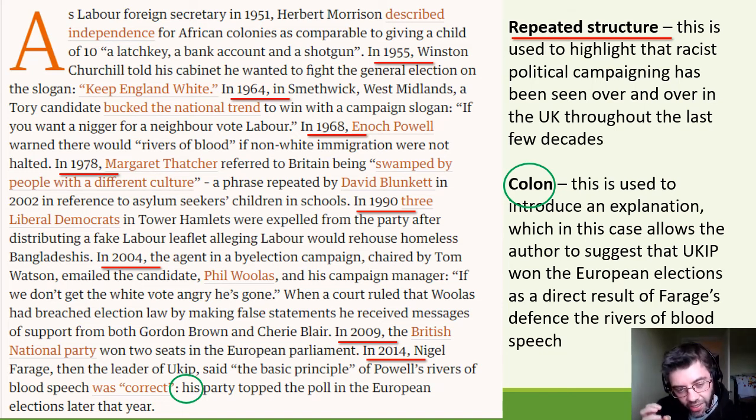It doesn't need to say that explicitly. The sentence doesn't say, Nigel Farage's party did very well because, but the way that sentence has been structured allows the author to at least get that suggestion across, maybe without needing to quite be entirely explicit about it.